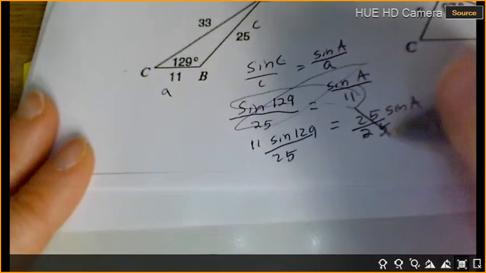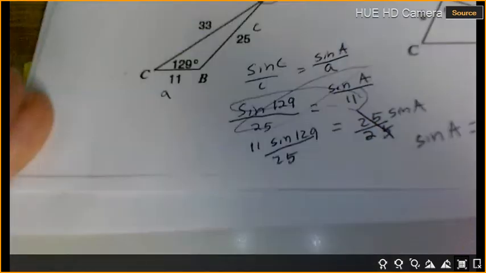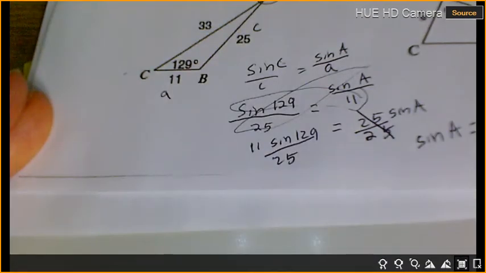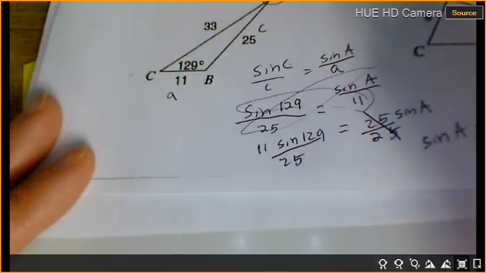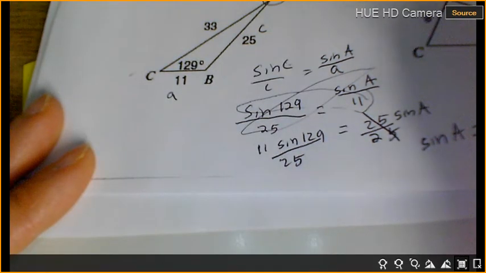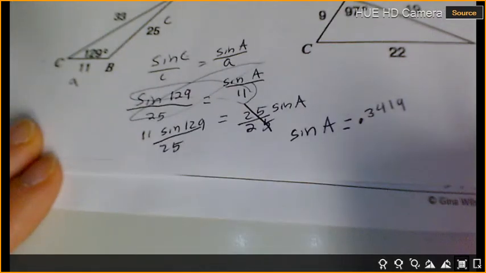And then I'm going to put all of this in my calculator, and I'm going to get sine A equals... I like to hit control divide, and it gives me that funky fraction. I put in 11 sine 129 over 25, and I get 0.3419.